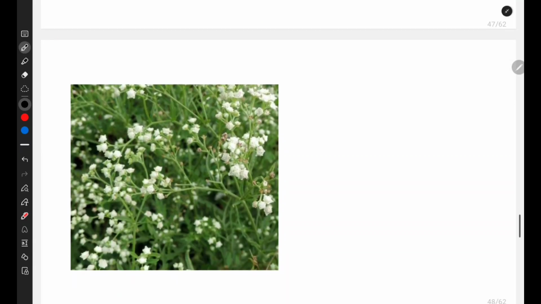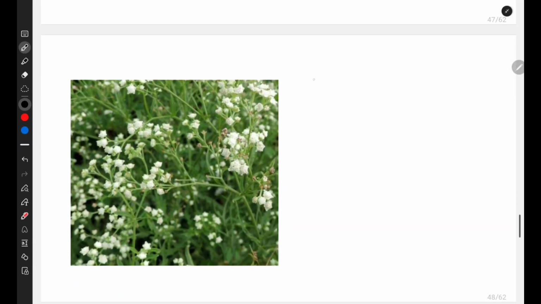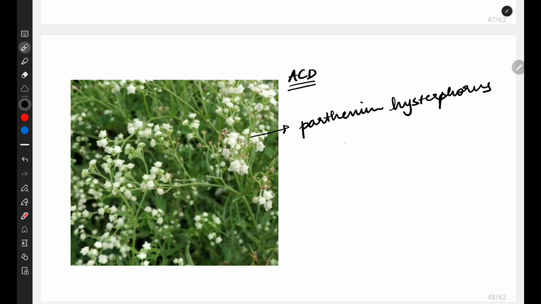Then if it is due to allergic causes, like ACD, allergic contact dermatitis, it will be due to this plant called Parthenium hysterophorus. It is also called Congress grass. This is not a native plant to India.